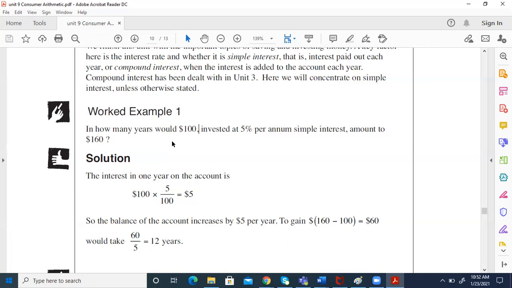Compound interest says that in the first year you get $10 interest, and then the next year, when you're calculating, you have $110 now. You calculate the 10% on the $110. So 10% of 110 is 11, and you add the $11 to the 110, and you get 121.